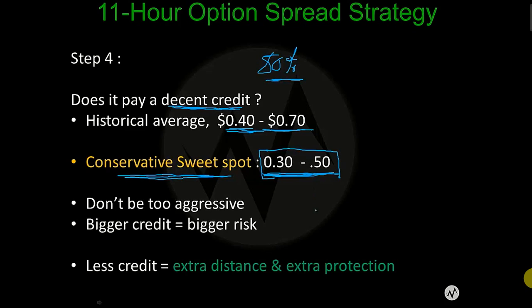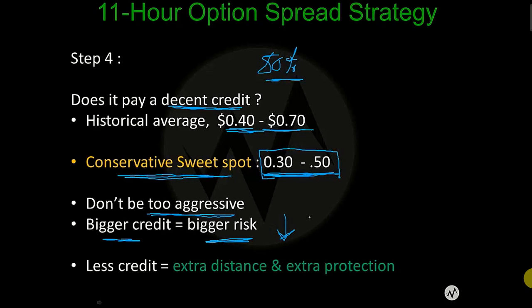Here's the trick to this trade. Do not be too aggressive. I've seen someone come up and say, hey Dave, we can get $1.20 here. I was like, oh really? Maybe we're taking too much risk. Okay, be conservative. If you want a bigger credit, be willing and able to take a bigger risk and a lower percentage success rate.